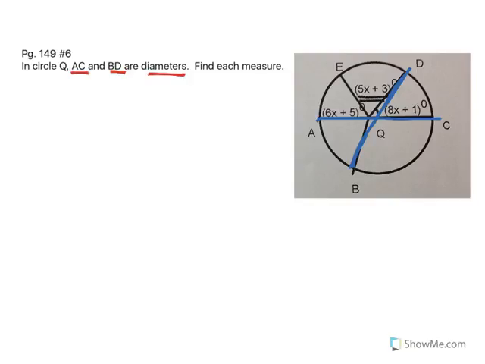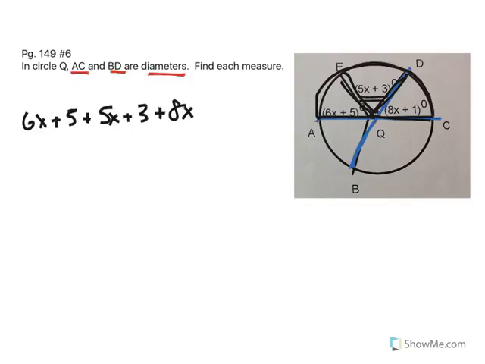So we know that this angle, 6x plus 5, this angle, 5x plus 3, and this angle, 8x plus 1, all fall into the diameter that AC creates. So we can set all of those equal to 180 because a diameter creates a semicircle, and the angle measure in a semicircle is always 180.